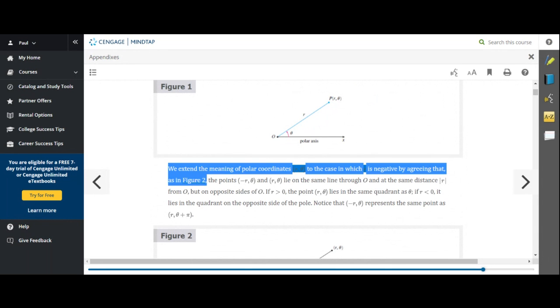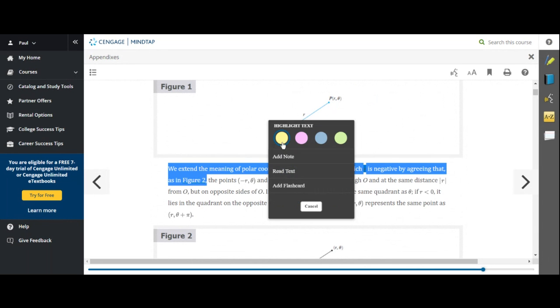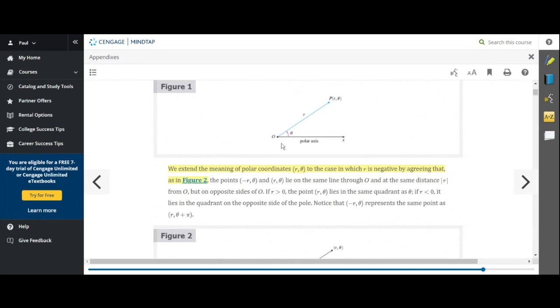In figures 1 and 2, they talk about that, okay? So instead of an x-y coordinate, with polar coordinates, what you do is from the positive x-axis, you measure an angle theta, as you see here in figure 1.